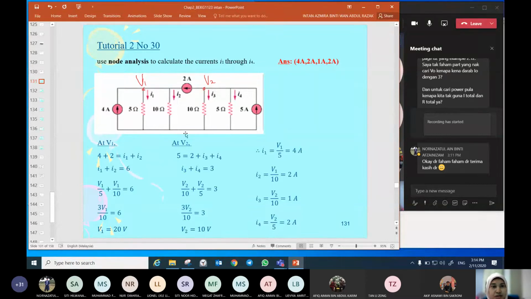Actually, at the bottom is another node, the ground node, but the V is equal to 0 volts, so we just put V1 and V2 only, because the voltage at the ground is equal to 0 volts. Any question up to here?